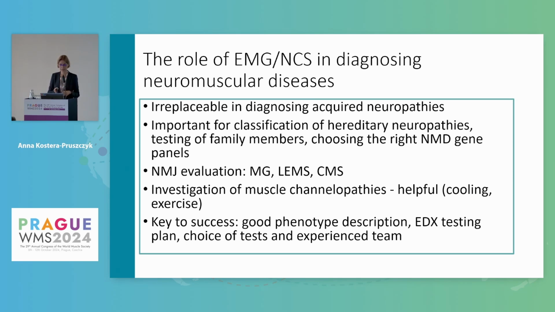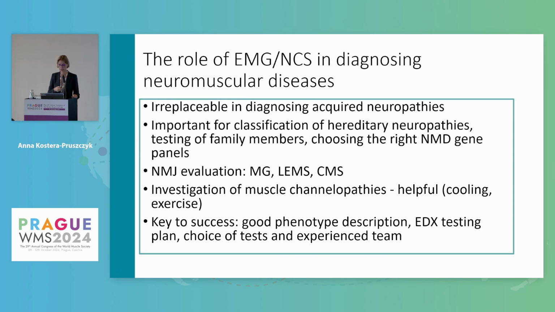EMG is still irreplaceable in diagnosing acquired neuropathies. It is important for classification of hereditary neuropathies, but also for testing family members or choosing, in some situations, the right neuromuscular gene panels. Very important for neuromuscular junction patients, especially in the setting of high dynamics when we think the patient needs to be treated.